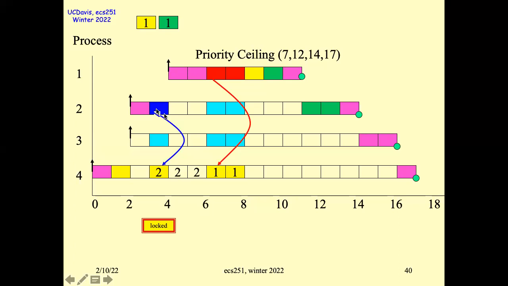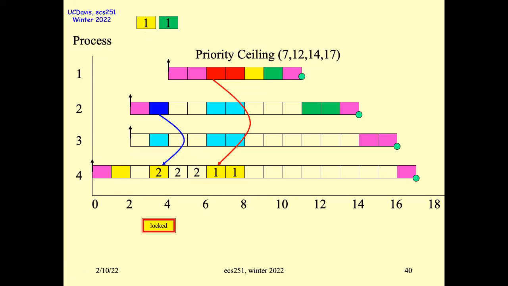I cannot lock it because the yellow is locked, and the priority ceiling of the yellow is 1. Oh, it blocked 50% of my ceiling value. You can see that. That's the ceiling value. I put it on top of that.